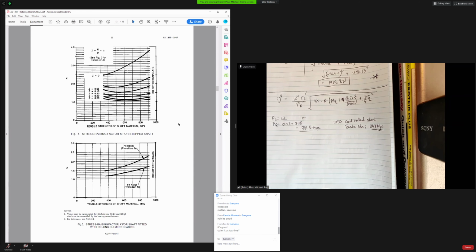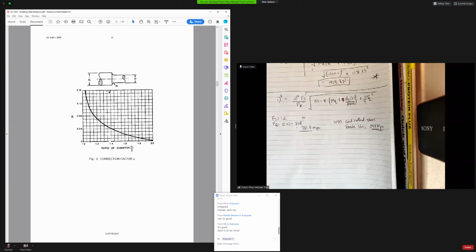So let's say, for example, you have a step shaft. The step shaft is where you have two differing diameters, and the way that you connect them is through a radius. There's no such thing in real life as a straight 90 degree. There's always going to be a certain radius depending on what tool you've got.